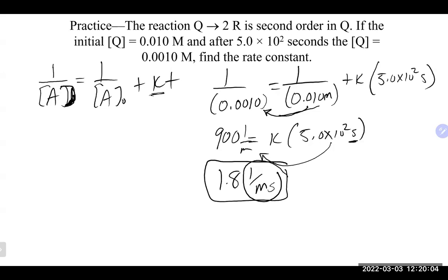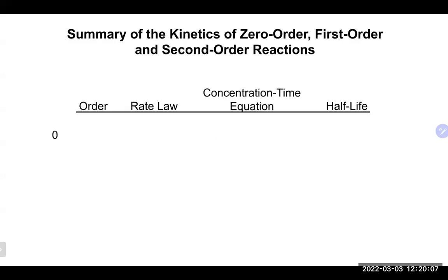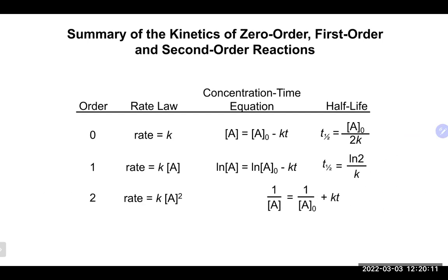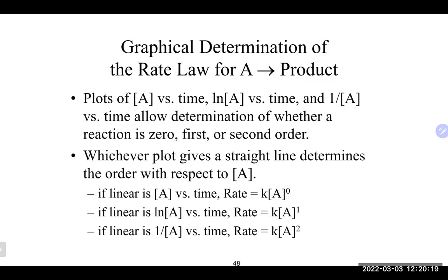All right. Here's a summary table of all the equations and stuff that you need to know, along with the graphs that we talked about. And as we will do in two experiments from now, you can do these graphs.